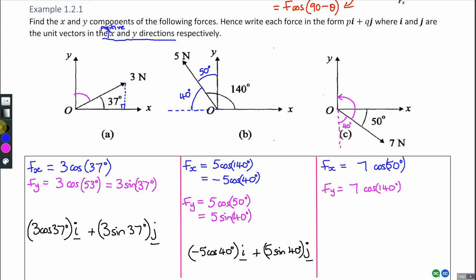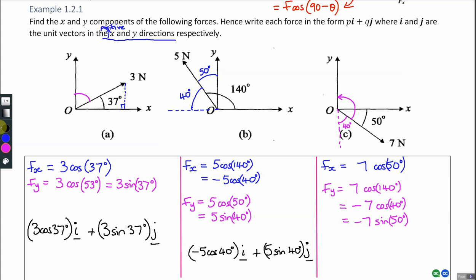Alternatively, this angle between the 7 newton force and the downward vertical is 40 degrees, so we could turn it through that, but because it would then point down, I need to put a minus. So another version is minus 7 cos 40. That is also correct. Another correct version, minus 7 sine 50. All three of those versions would be correct.